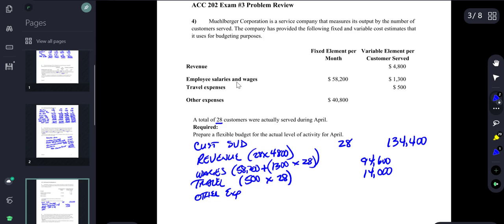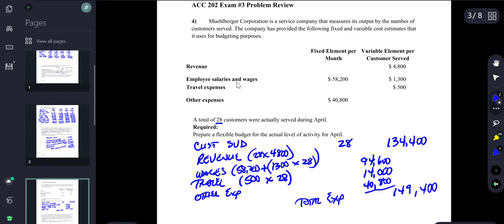So we're going to have a total of 40,800. Let me do that differently so you can see it better. 40,800. And so what we have then in total expense is 149,400.